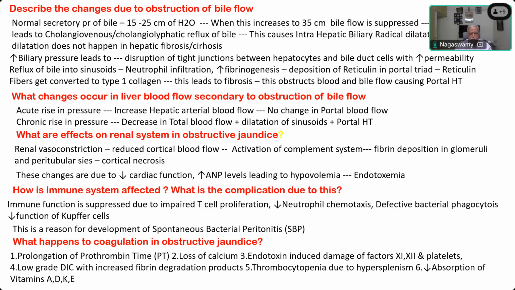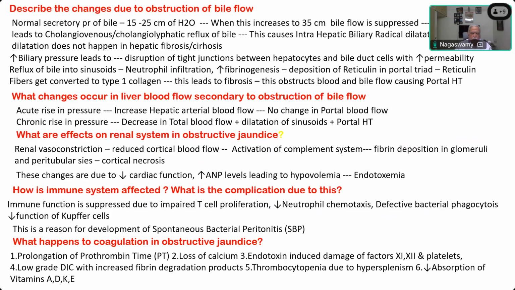and gastro LMA, which can be used for maintaining the airway, and avoid all drugs which are metabolized in the liver. In any liver disease, you must make sure that you understand the drug metabolism also.